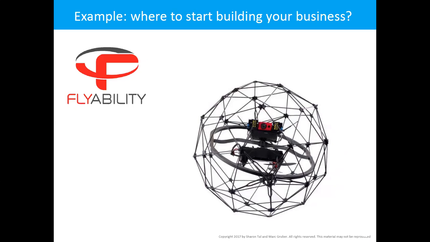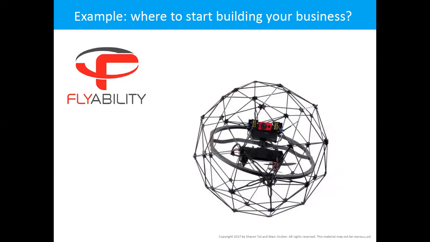The team that developed this drone initially thought about using it to manage disaster areas like the one in Fukushima in Japan. But very quickly, they figured out that this drone can actually do many different jobs for different types of customers, and they needed to figure out where to start building their business.